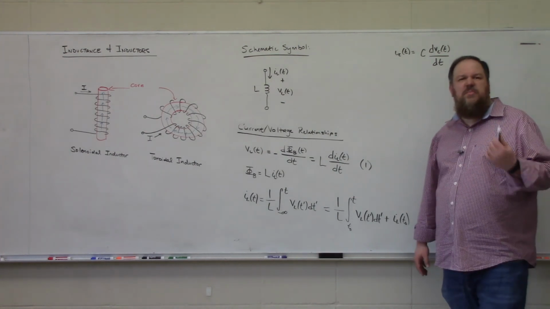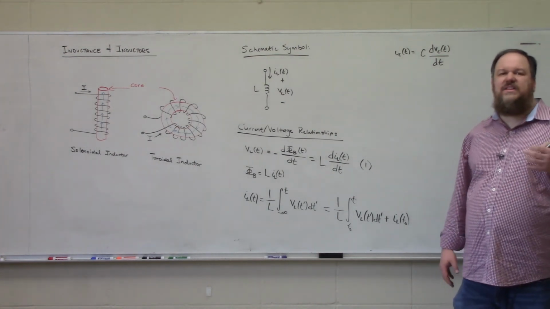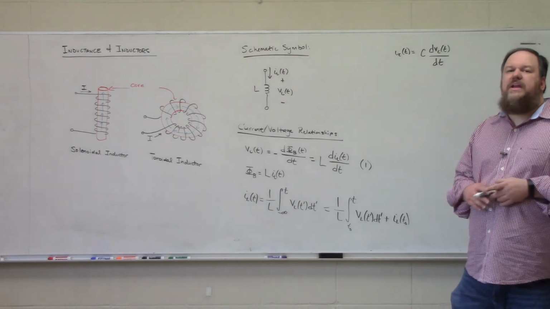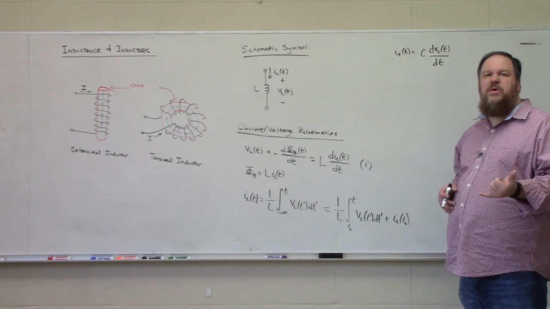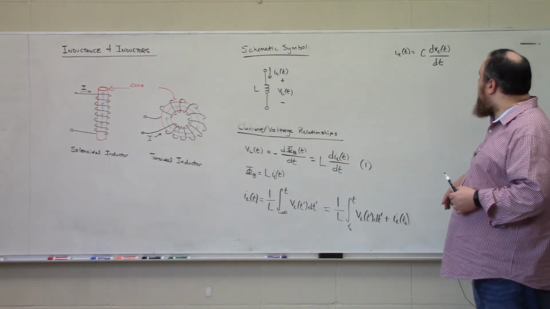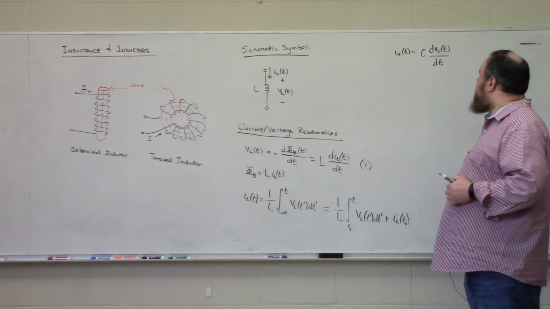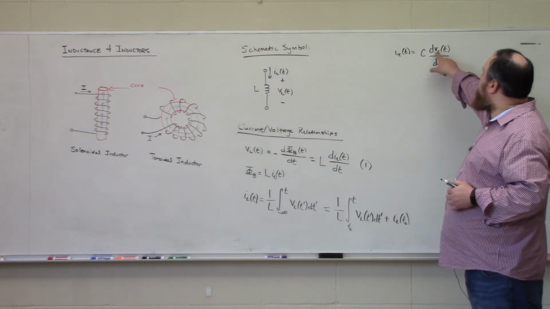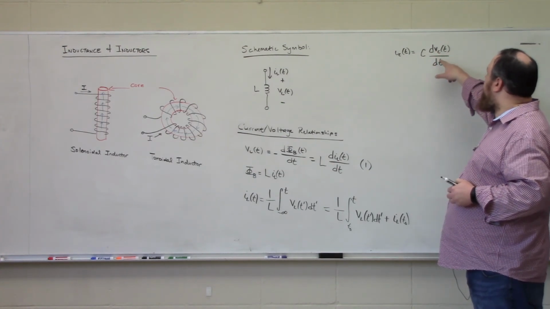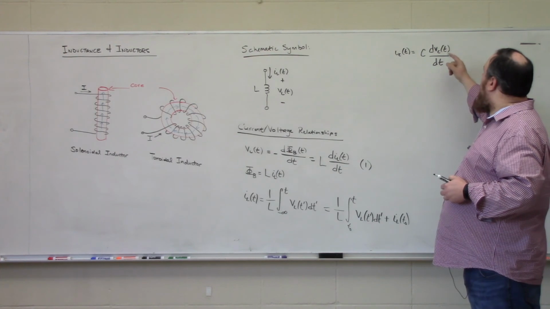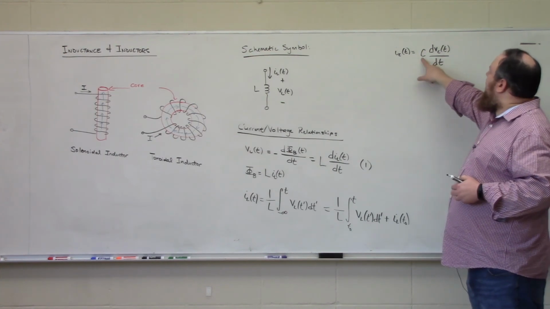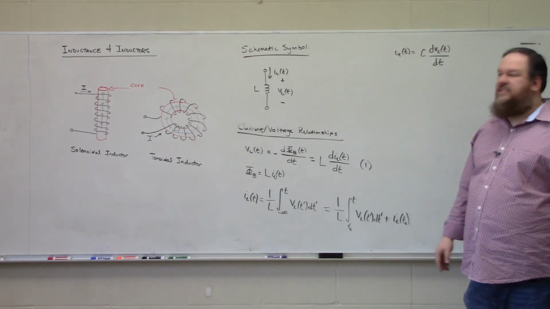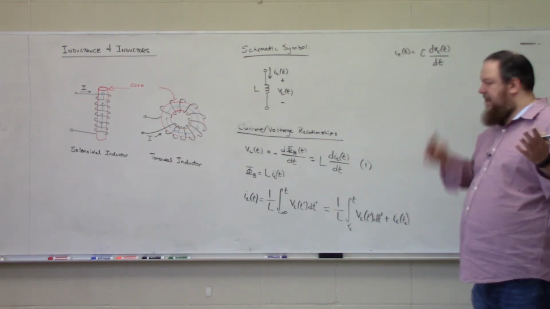This is because capacitors and inductors are what are known as electrical duals, meaning that they have the exact same relationships except that you have to transpose voltage and current. So we can get all of our inductor relationships simply by everywhere we see a voltage in our capacitor relationships, replace it with current. Everywhere we see a current, replace it with voltage, and everywhere we see a C, replace it with L. So that's just an interesting aside.